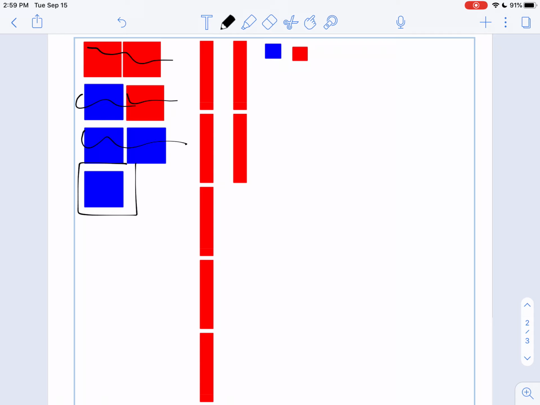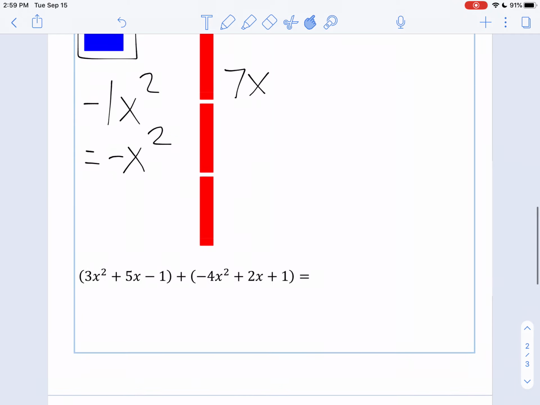And I'm left with just 1 blue, which represents -1x squared, or -x squared if we want to write it without the 1. I've got 1, 2, 3, 4, 5, 6, 7 x tiles all together, and the -1 and the +1 make 0 when I put them together. So my final expression when I put this all together is going to be -x squared plus 7x. And you'll notice that I used a plus in between because these were positive tiles.